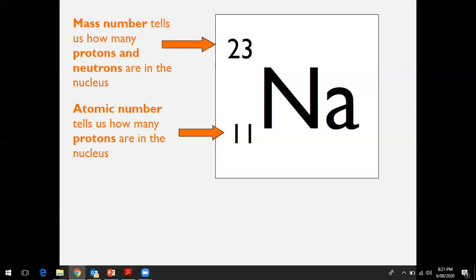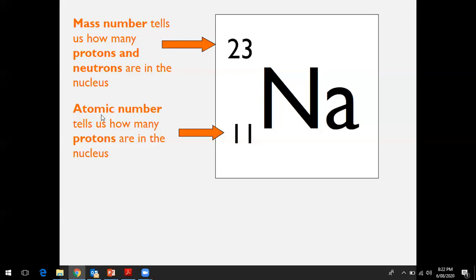And that nucleus has the protons and neutrons in it. So the total number of protons and neutrons is known as the mass number, which is written at the top here, which is 23. Mass number or atomic mass, it's the same thing. It tells us how many protons and neutrons are in the nucleus.